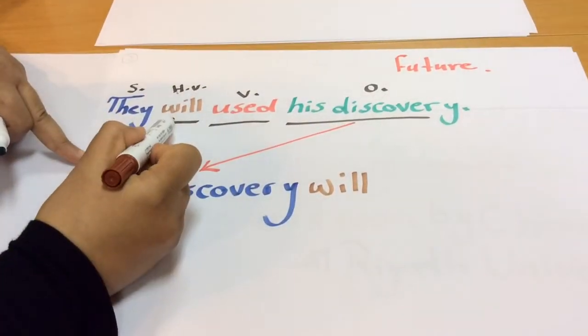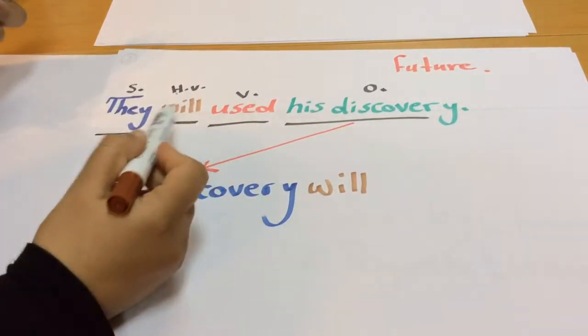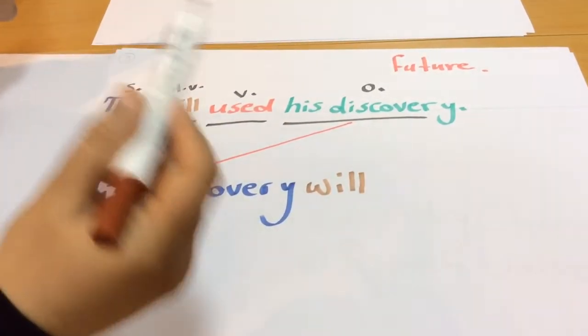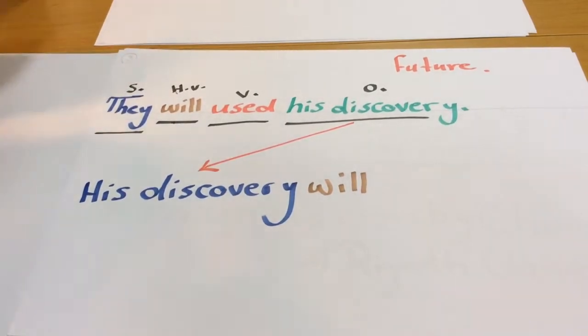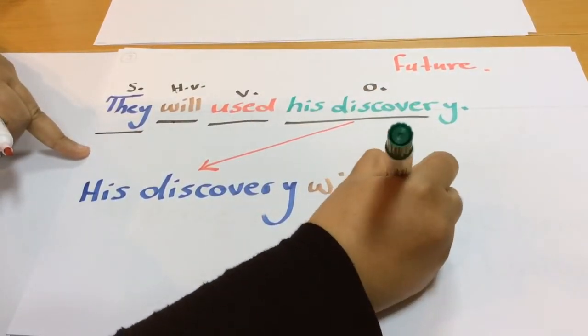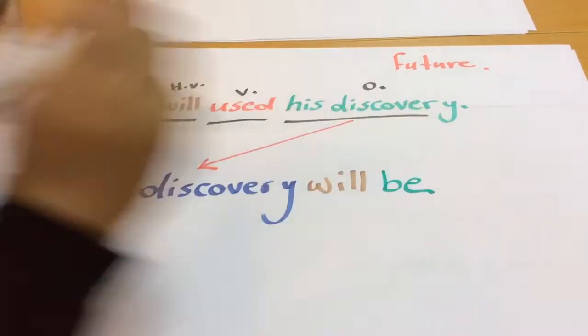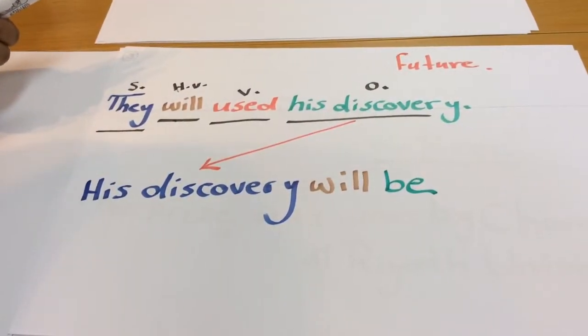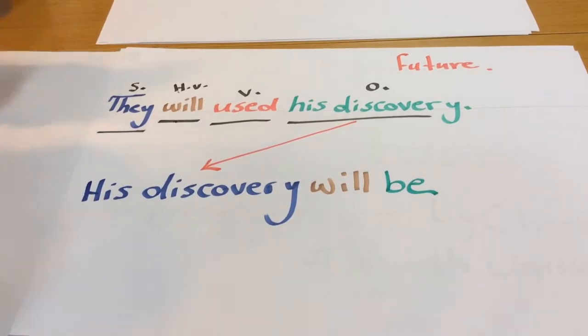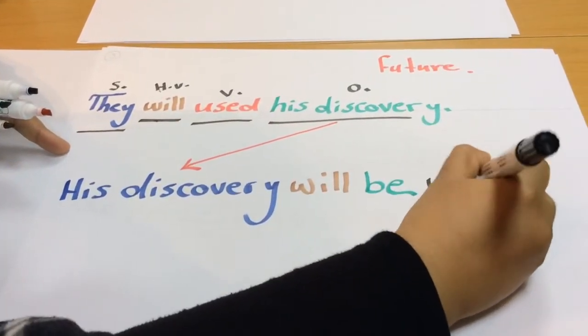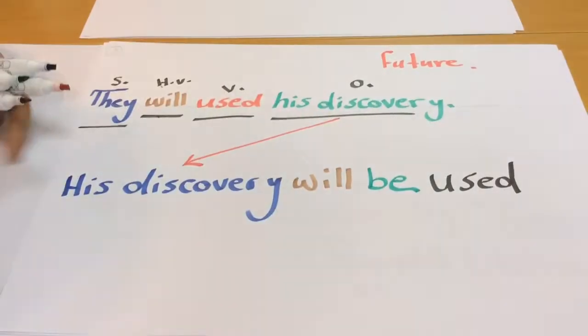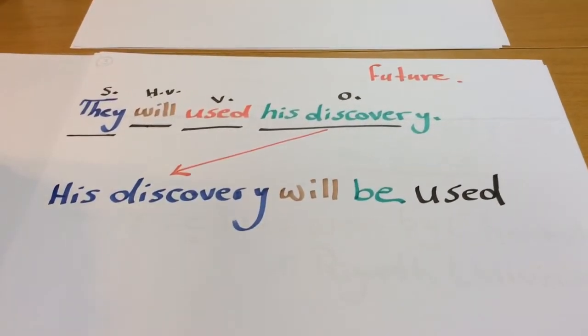Because we have a helping verb already mentioned in the sentence, we have to add another verb. This verb will be be. Then we will write the main verb in the past participle.